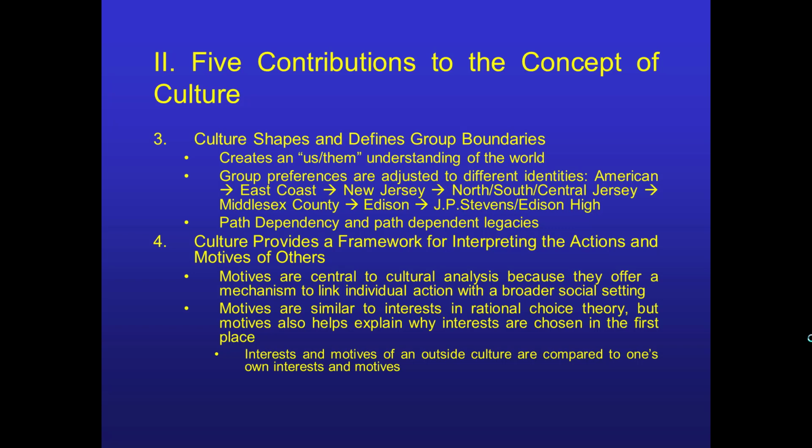And what I'm trying to get at here is that rational choice theory shows that the interests and motives of an outside culture might not necessarily be the same rational understanding compared to one's own interests and motives.